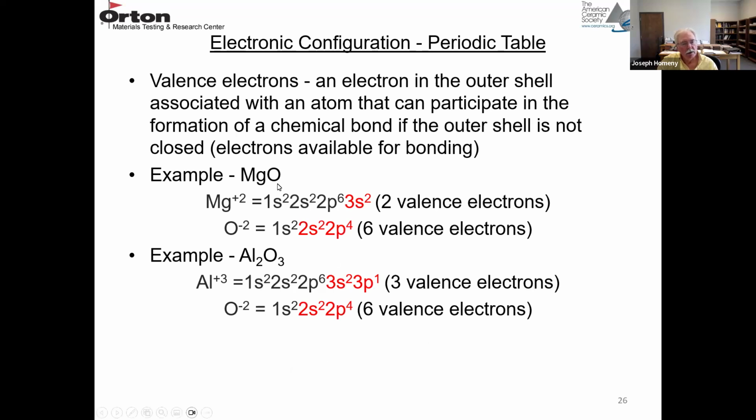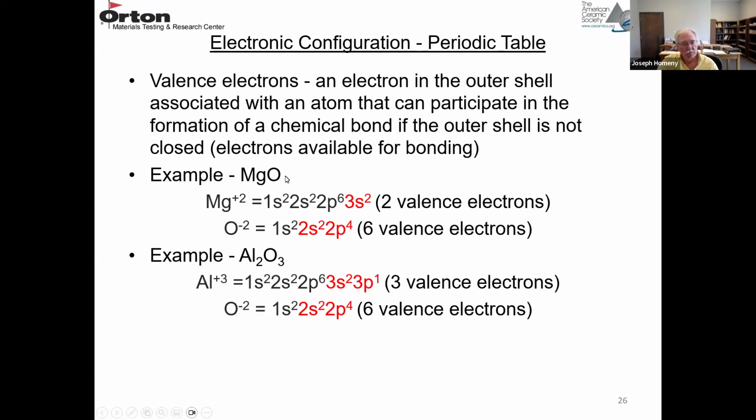So we can look at 2 refractory materials, MgO and Al2O3. So this is the electron notation for Mg plus 2 and O minus 2. Mg has these 2 valence electrons that can take place in chemical reactions, and O minus 2 actually has 6 valence electrons. They're highlighted in red. So 3s2 is for Mg, and O is 2s2, 2p4.